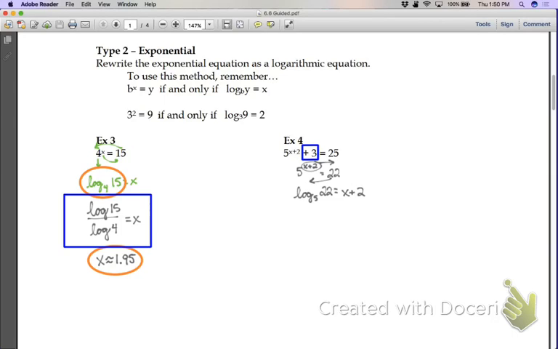Now, if I would cut you loose here, about half of you would do one thing and half of you would do the other. Half of you would move the 2 over immediately and do log base 5 of 20. That's not what we want to do here.